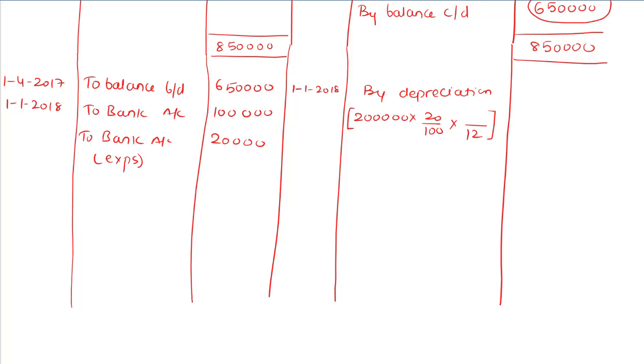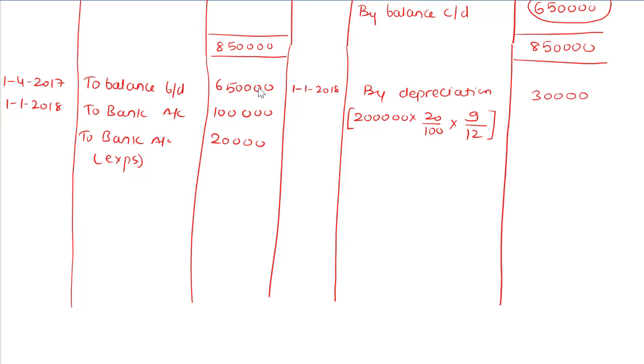So the opening figure over here is basically the WDV of all the 5 trucks. Out of this, from 1st of April 2017 to 1st of January 2018, we need to calculate depreciation, and that is for 9 months. So 2 lakh multiplied by 20 by 100 multiplied by 9 by 12 is 30,000.